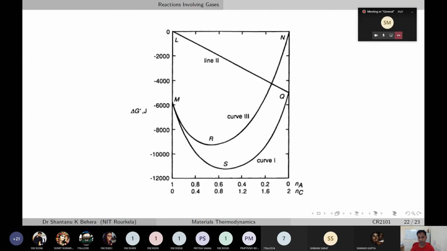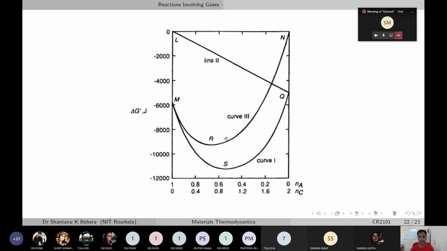But then the eventual free energy, which defines the stability of the system, is actually a combination of this and this and this, isn't it?